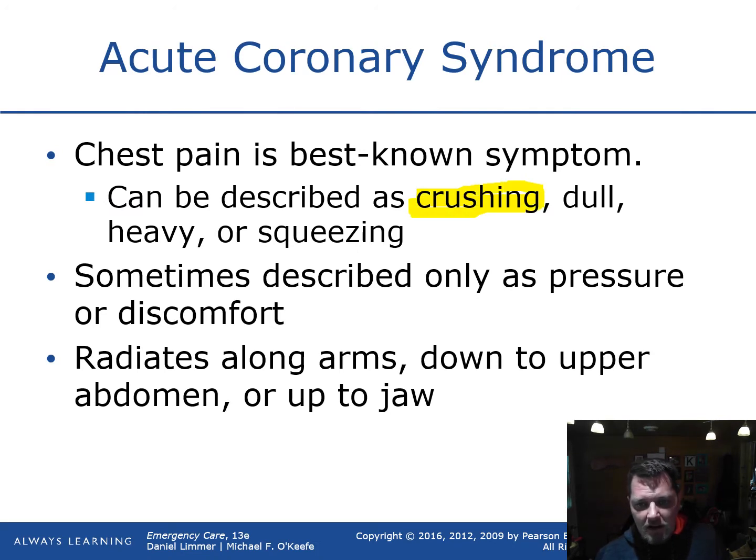Okay. Sometimes it's described only as pressure or discomfort. Again, that pressure, and it radiates sometimes down along the arms, down to the upper abdomen, or up to the jaw. Females are a little bit different. They can have pain in their upper back. They can sometimes just have jaw pain.